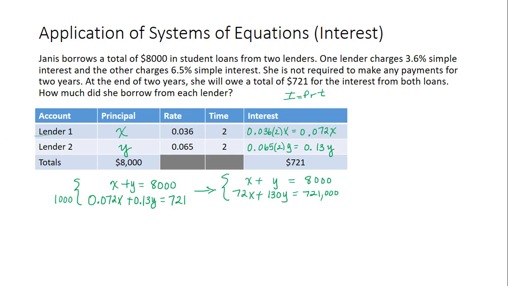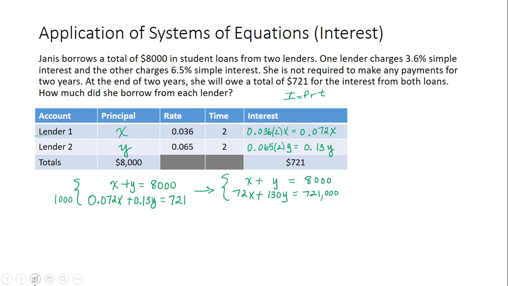Now we can use the elimination or addition method to solve this system. We can choose to eliminate x or y. If we want to eliminate the x variables from the system, notice that we have a 72 as a coefficient on the second equation. So we need a negative 72 to add to that.